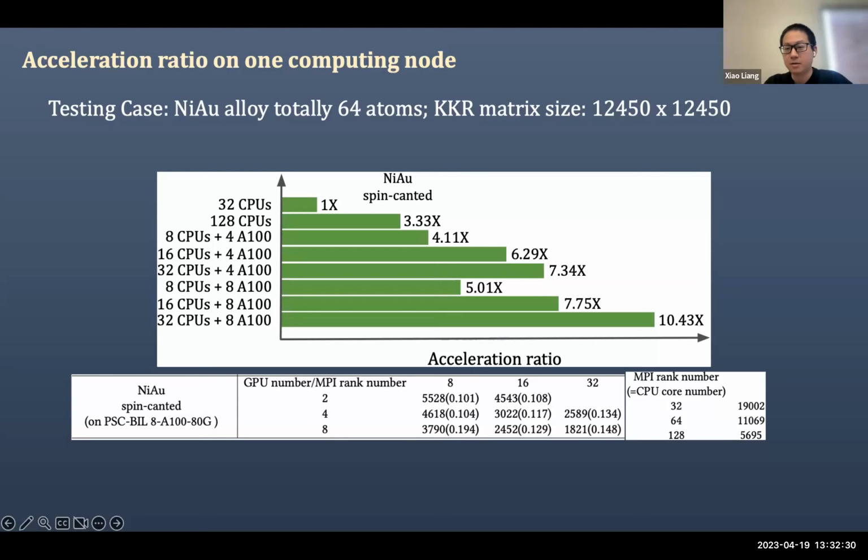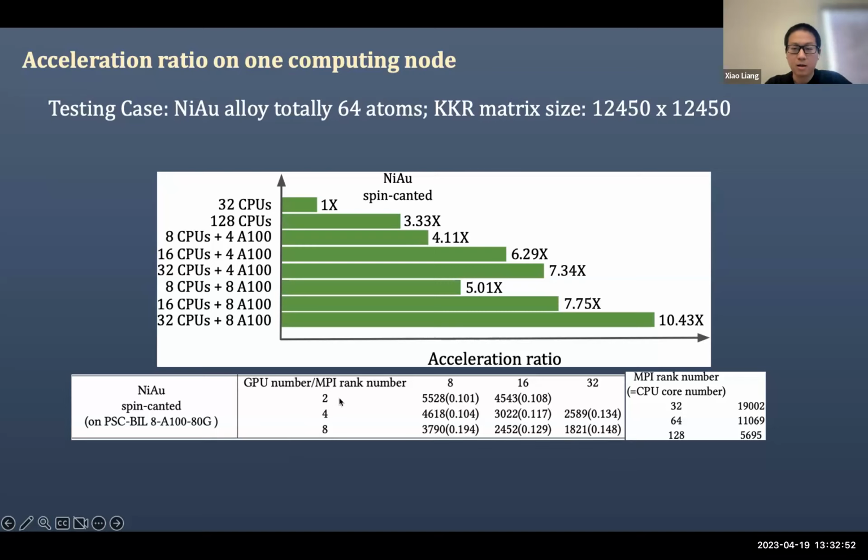The conclusion is that more MPI rank number, as well as more GPU number, will accelerate more. However, there is an optimal configuration of MPI process number on each GPU, and such optimal configuration is definitely related to the size of the problem.